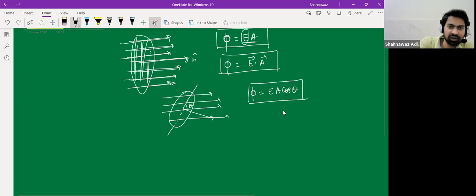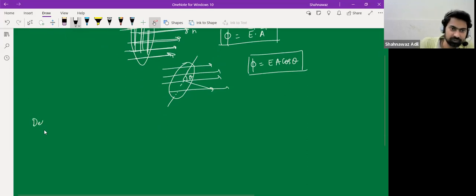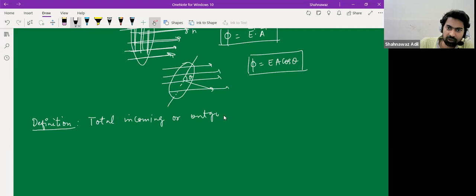So the definition of electric flux is the total incoming or outgoing electric field lines through a surface, right?